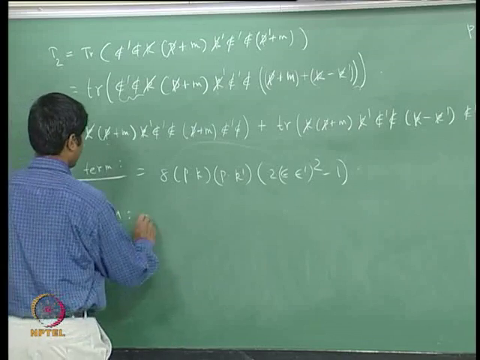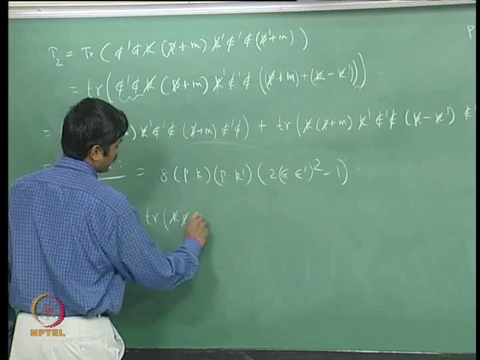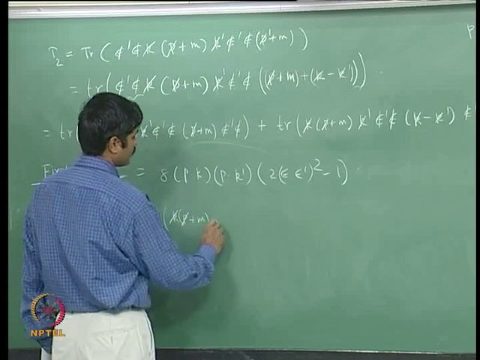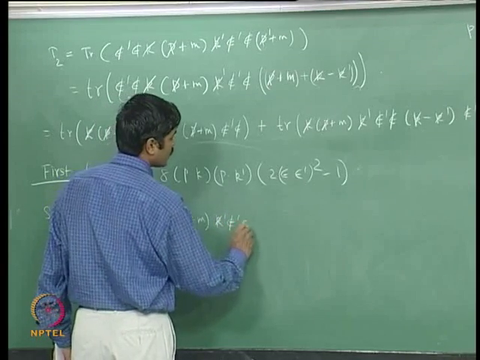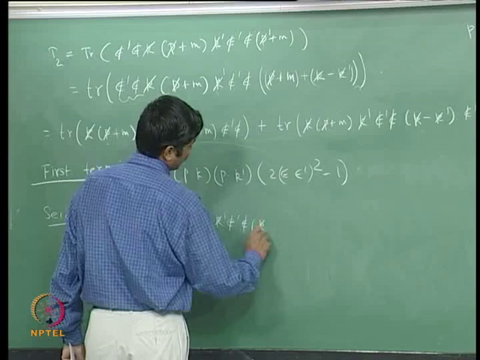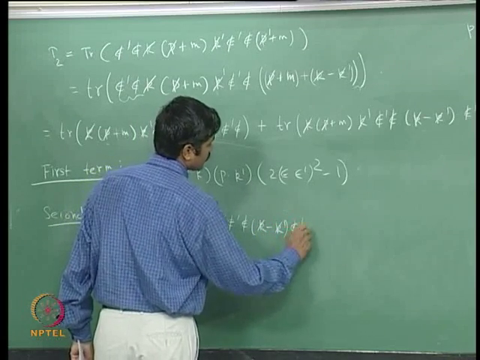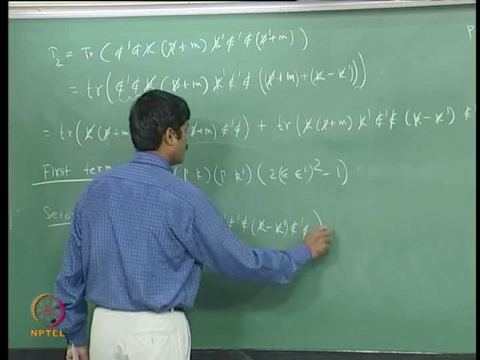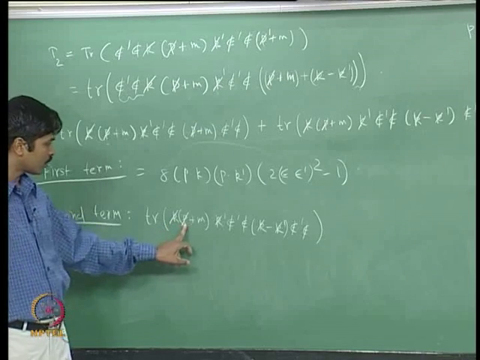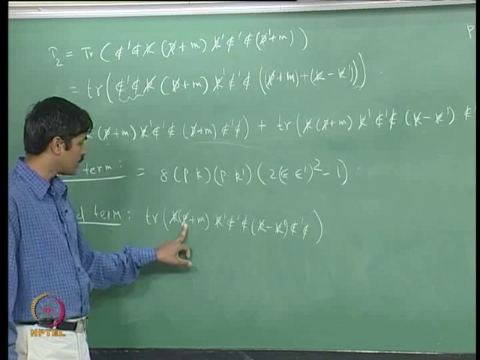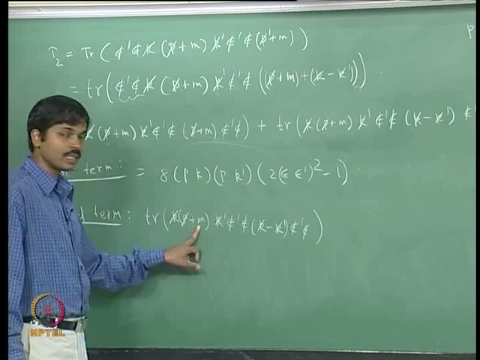It is trace k slash p slash plus m k prime slash epsilon prime slash epsilon slash k slash minus k prime slash epsilon prime slash epsilon slash. Okay. Again, you see this involves two terms, one with p slash here contains 8 gamma matrices, but the one with m contains 7 gamma matrices.